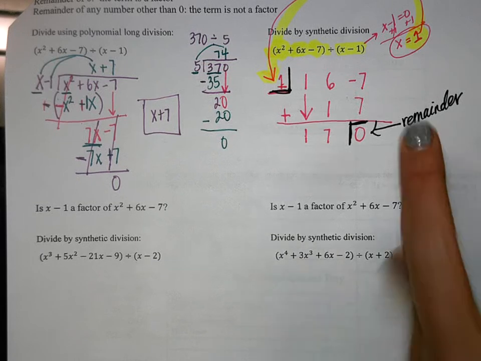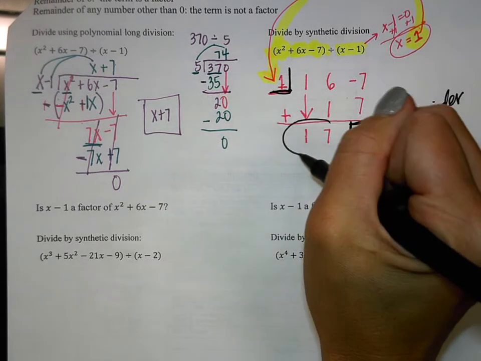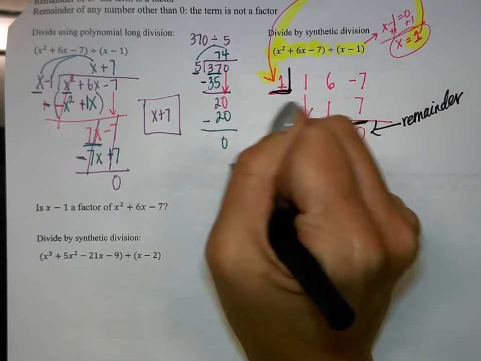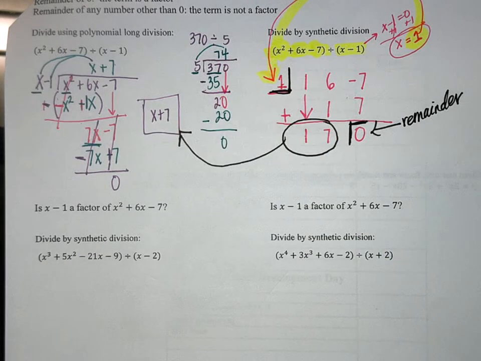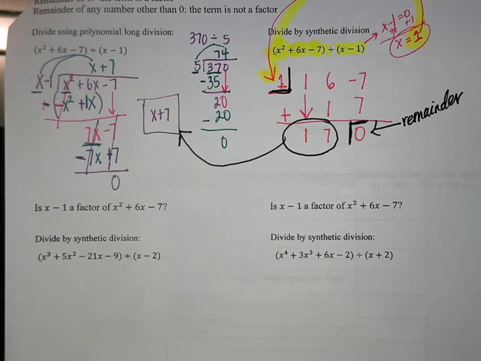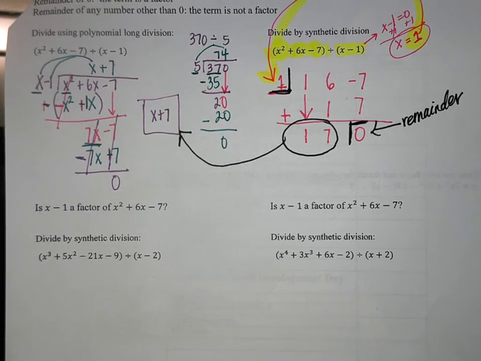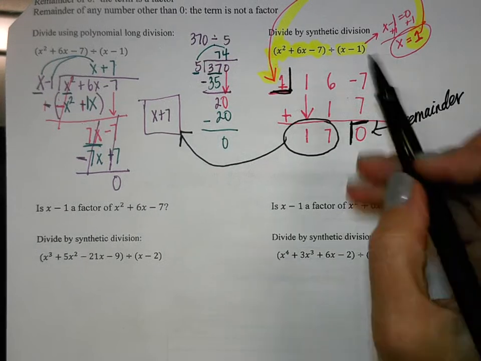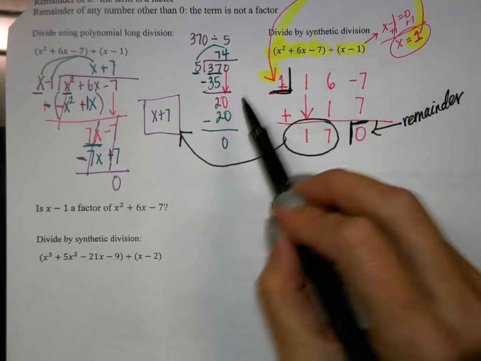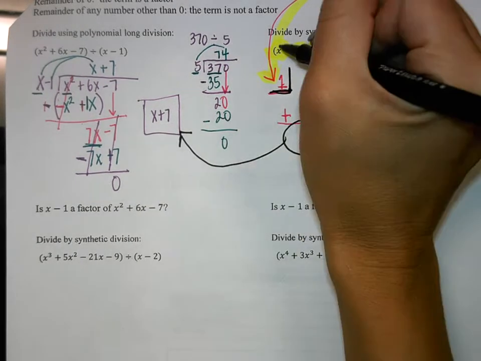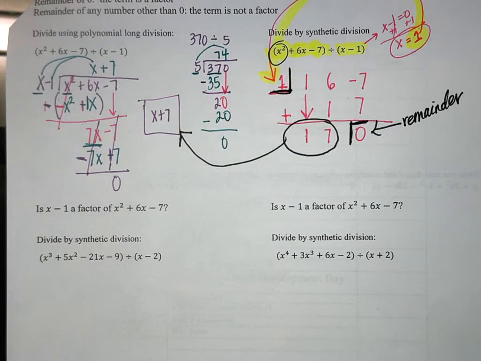Now look at this and look at this and tell me if you notice any connections. It's the coefficients. Now, we were dividing by an x. We were dividing out an x, which means that whatever your highest exponent is, you've divided out an x from that.